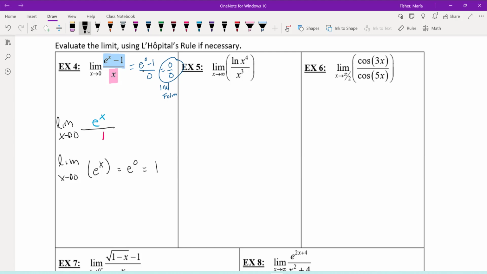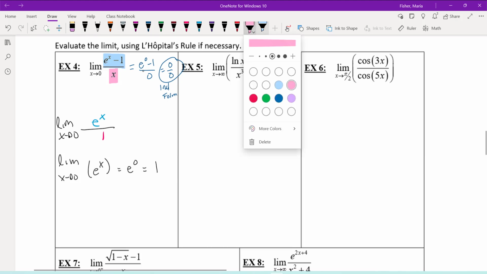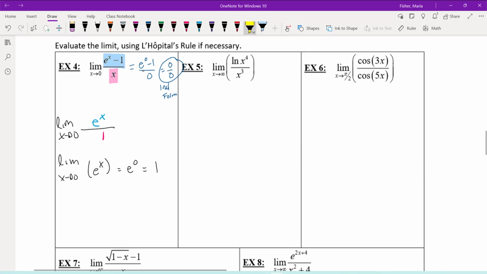What about example 5? I have the limit as x goes to infinity of the natural log of x to the 4th divided by x cubed. Now, anytime you have a natural log or a log, and you have something where the argument is being raised to a power, it's best to rewrite that using your properties of logs and then try to take the limit.